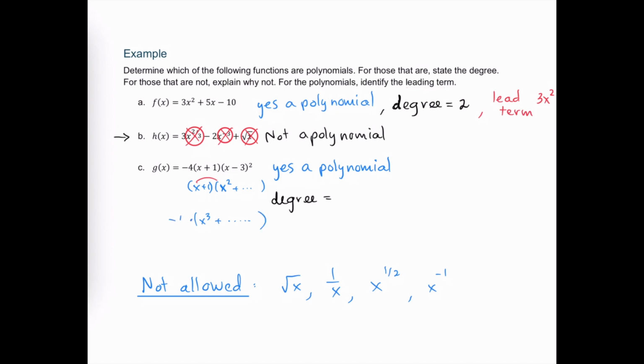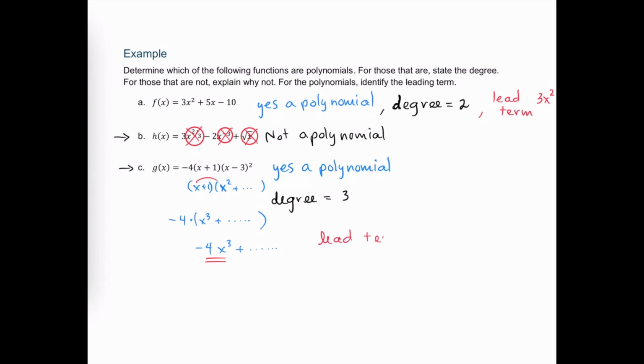If we then multiply in the -4, that leading term is going to be -4x cubed, and the remaining terms would need to be calculated. But we can tell what that leading term is going to be without having to multiply everything out. So the degree of this polynomial in part C is going to be 3. It's a third-degree polynomial, and we can tell that the leading term is going to be -4x cubed.